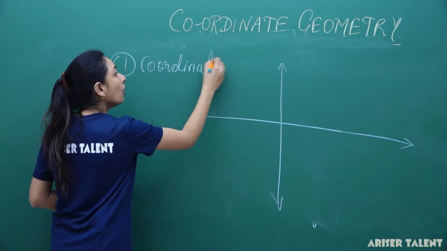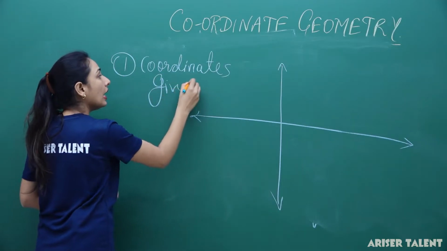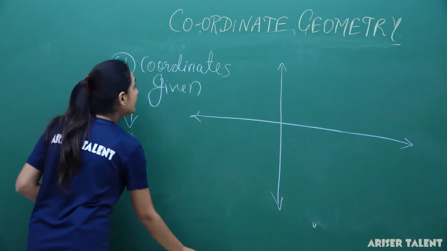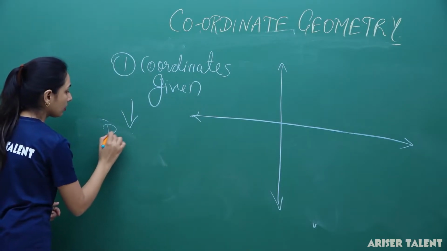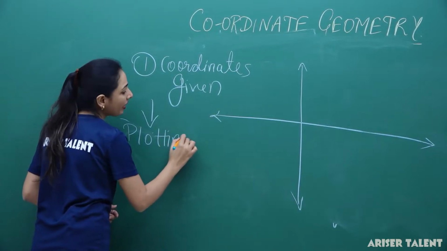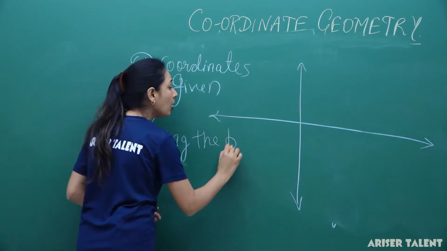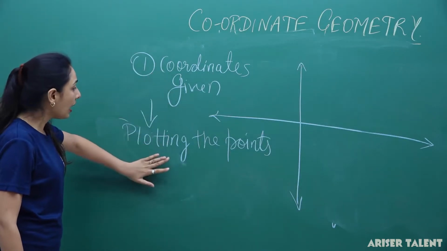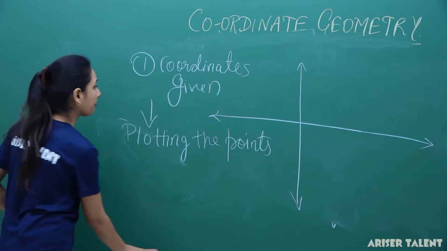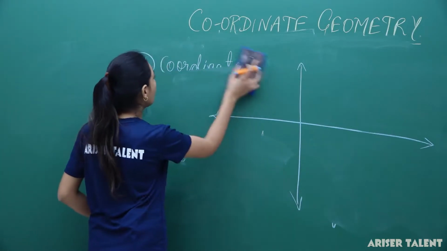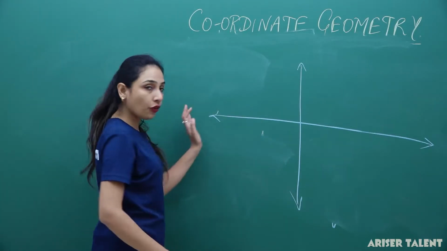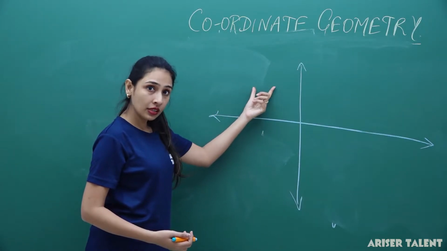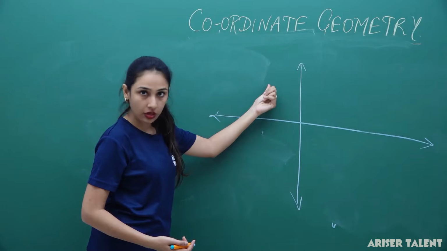Then you have to draw or plot these points, which is called plotting the points. You are given the coordinates and will have to plot them. Okay. The first thing, before that, is that you will just tell the given point, what coordinate it has.